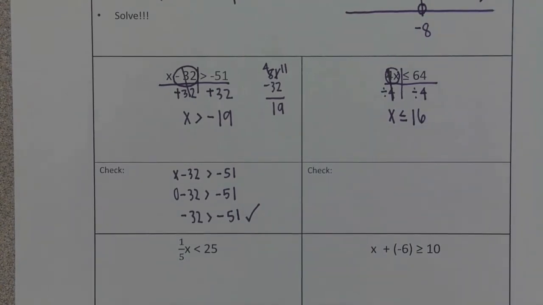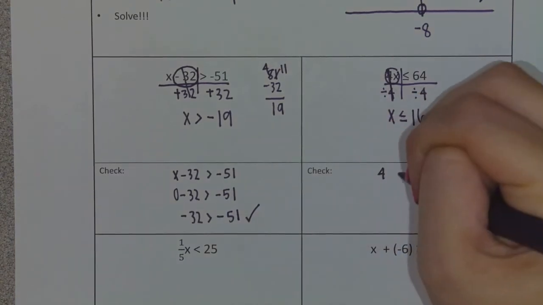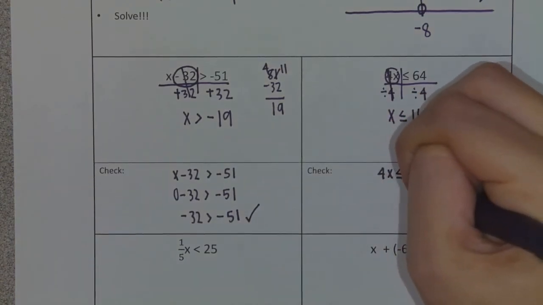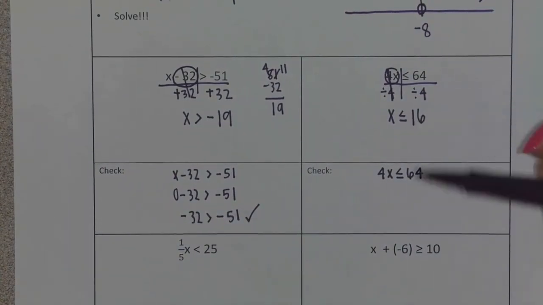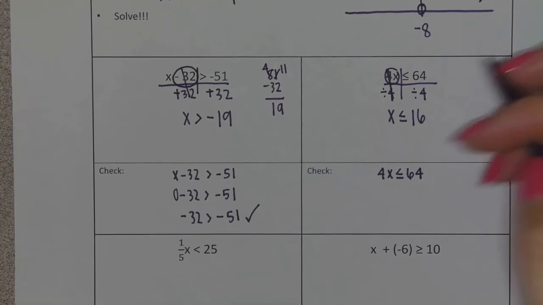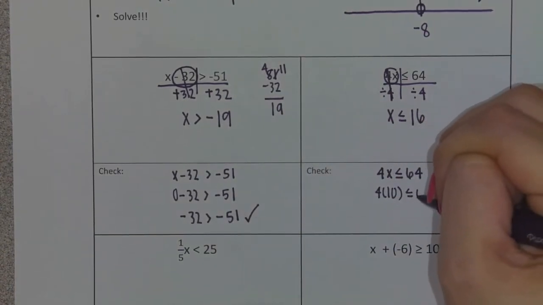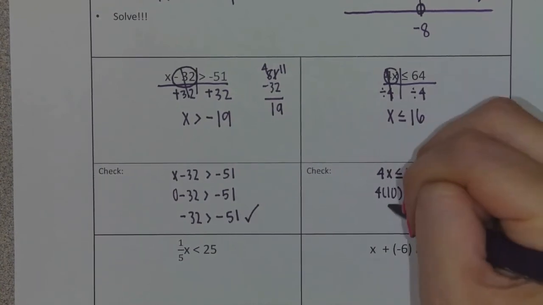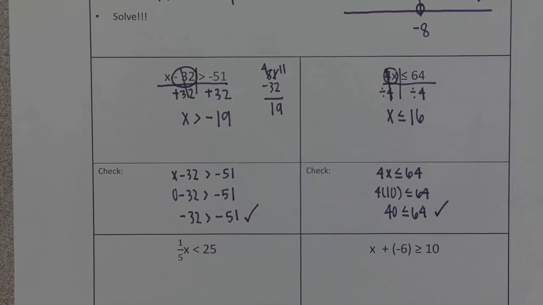So x is less than or equal to 16. For our check, again, we're going to go back to our original equation. So 4x is less than or equal to 64. Remember, I just need some number that's less than 16. So I'll use 10 for this one. So 4 times 10 is less than 64. 4 times 10 gives me 40. 40 is less than 64. So I get a check.